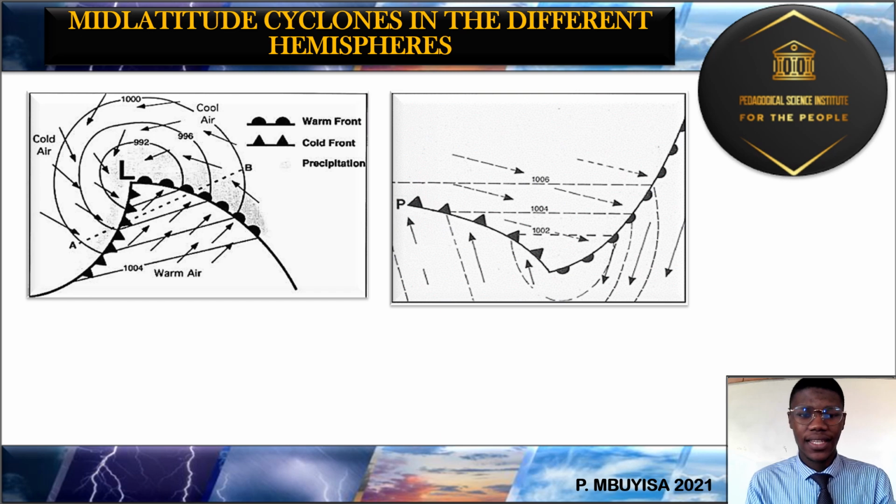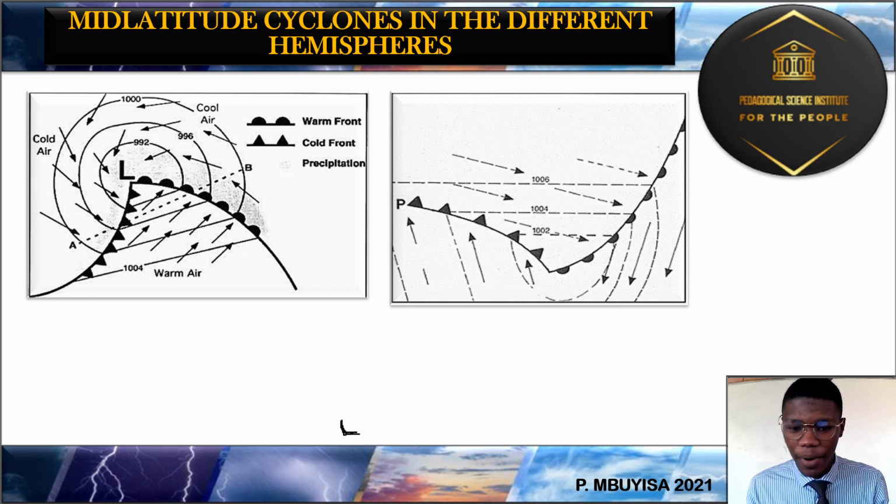Now, the first thing that we need to revise with each other is how air really circulates in the different hemispheres. So remember, a mid-latitude cyclone is a low pressure system.